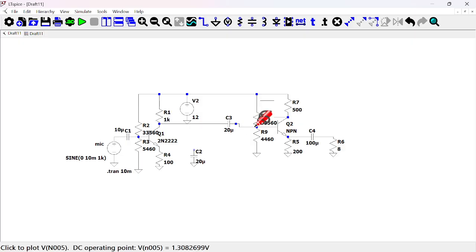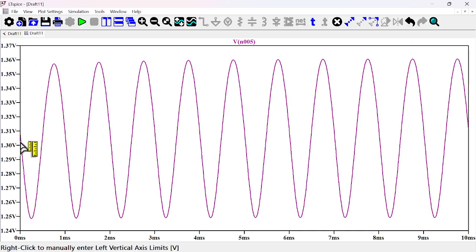Okay, so this has already added the bias point here. So unless I manually subtract this voltage, 1.308, I wouldn't really see the signal that is coming in. And of course, there will be little attenuation.